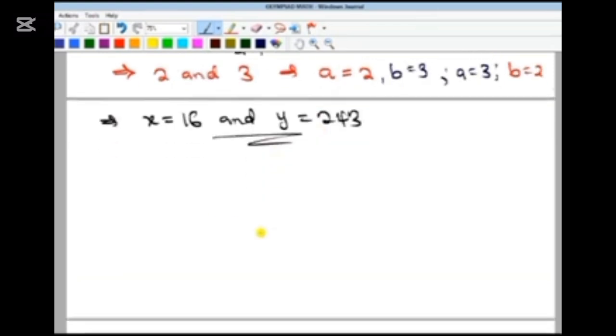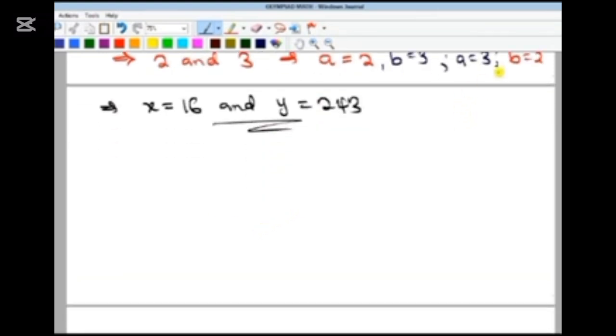I think so. However, that's not the only solution. What about when a is 3 and b is 2? Let's look at that case. When a is 3, it means that x raised to the power of 1 over 4 is equal to 3, and so x alone will be equal to 3 raised to the power of 4, and 3 to the power of 4 is 81.